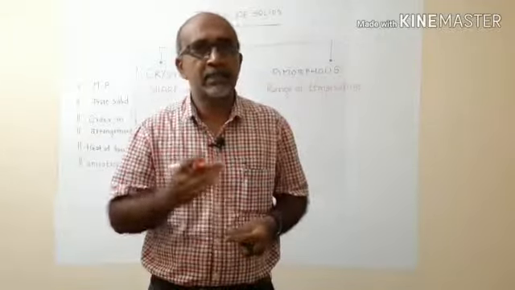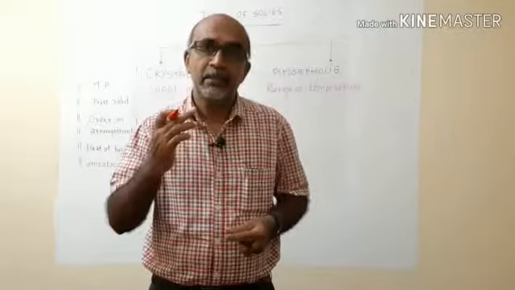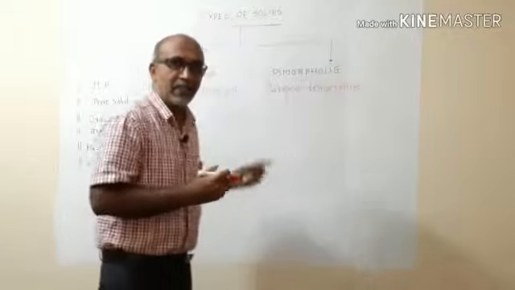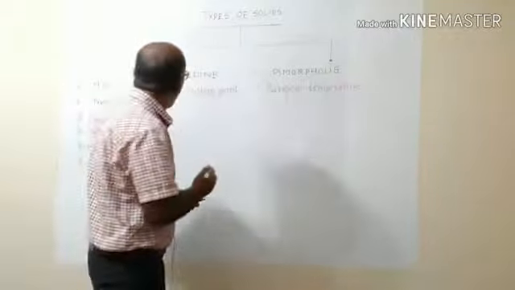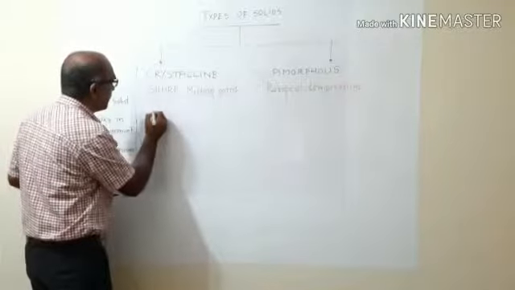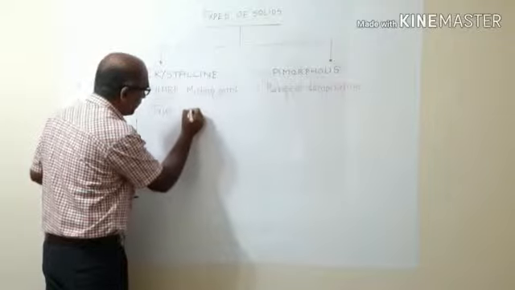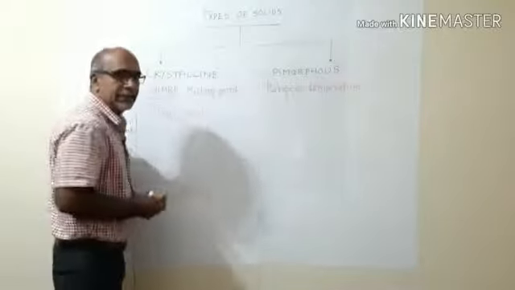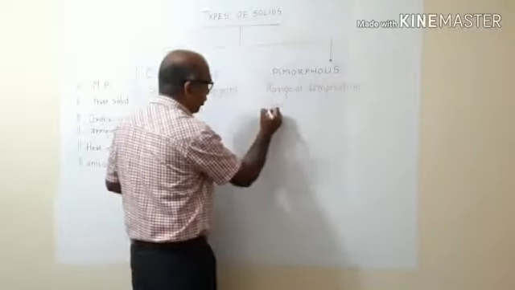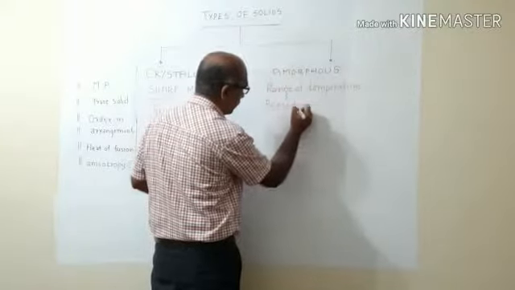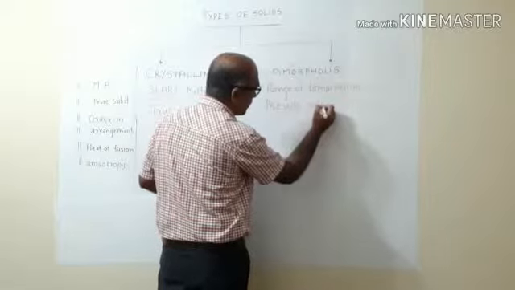That is why crystalline solids are known as true solids. Amorphous solids are called pseudo solids.